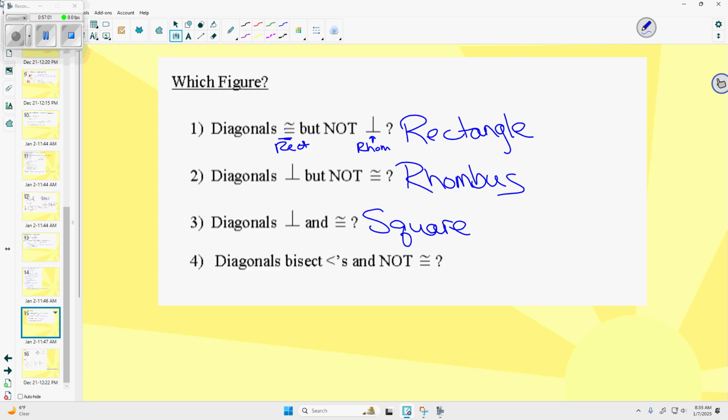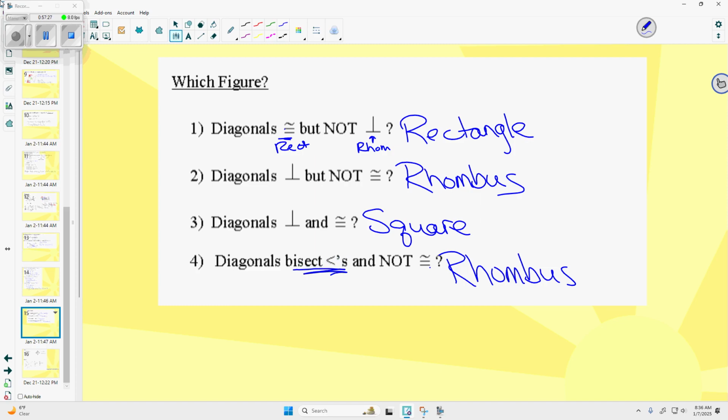Look at the other side. The rhombus has bisecting the angles. Parallelogram bisects each other. That's why we had that EO there. But bisecting the angles, that's a rhombus. We don't want congruent, so we don't want rectangle. So it can't be a square, it's got to be that rhombus, because bisecting the angles goes with rhombus.